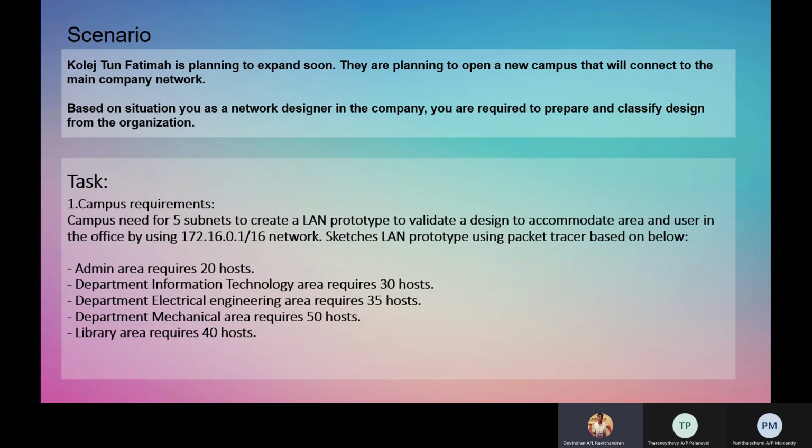Admin area requires 20 hosts. Department Information Technology area requires 30 hosts. Department Electrical Engineering area requires 35 hosts. Department Mechanical area requires 50 hosts. Library area requires 40 hosts.